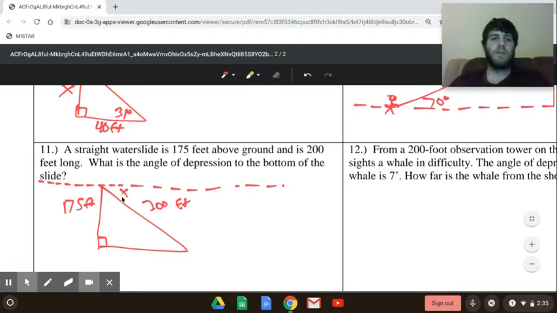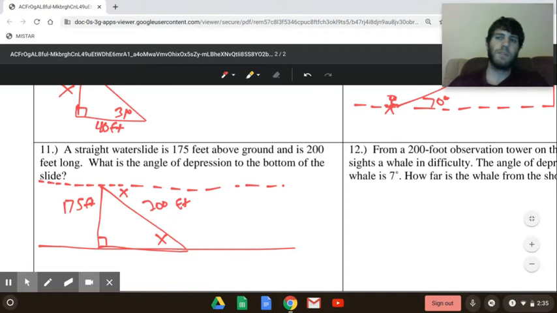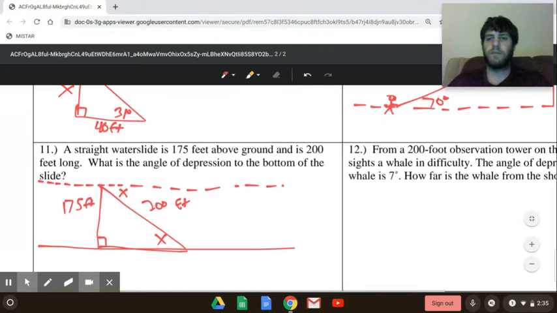So our angle of depression is right here. So we know that we have, again, here's the ground. So we have two horizontals, so alternate interior angles are congruent. Okay, and then you have your right triangle. You have your angle you're solving for, and then 175 is opposite, 200 is hypotenuse. So you got to figure out, because we're solving for an angle, which inverse trig function to use.